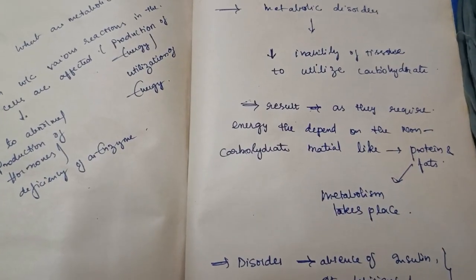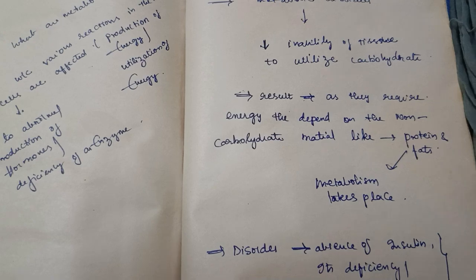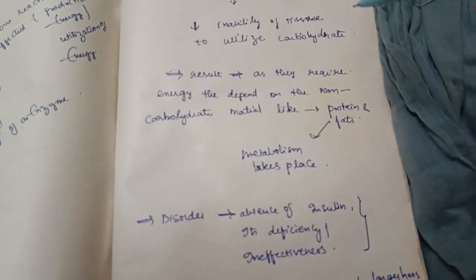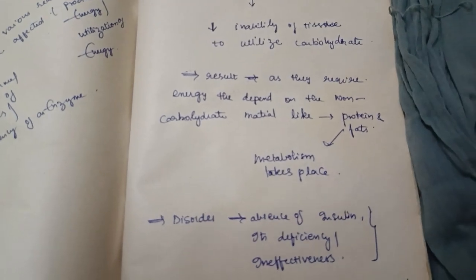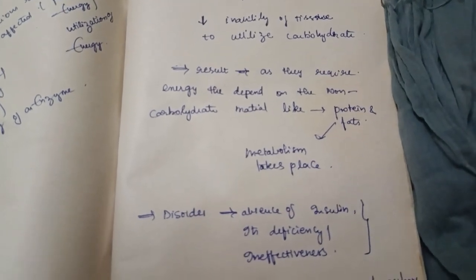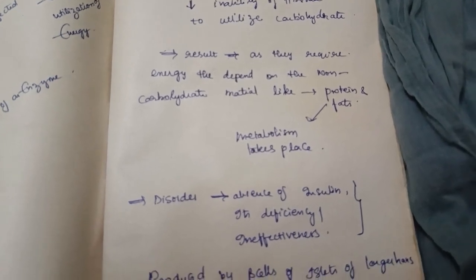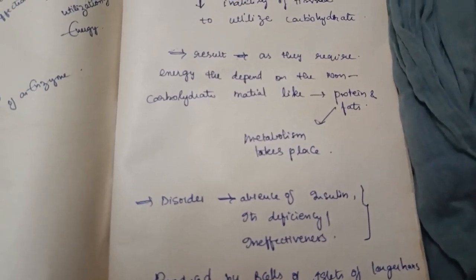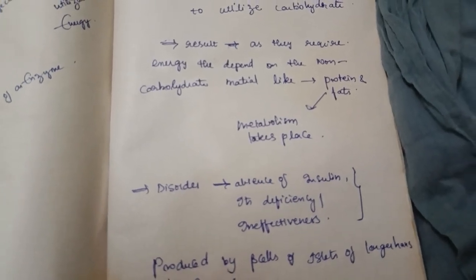As I said, the body requires continuous energy. The main source of energy in the body is carbohydrates. Only in the absence of carbohydrates do proteins and fats undergo metabolism and give energy.